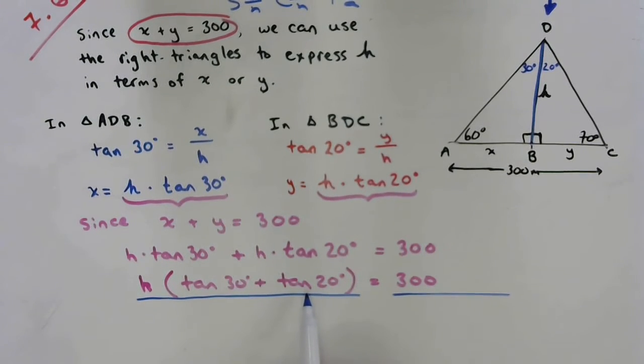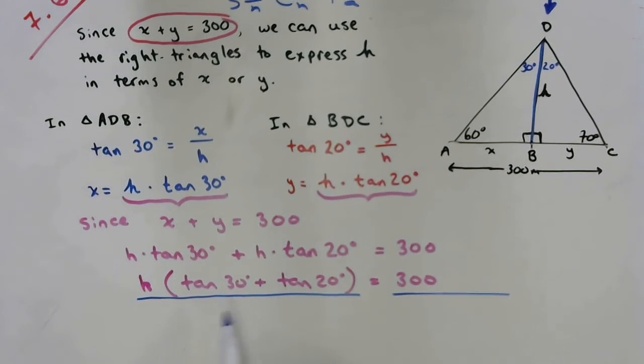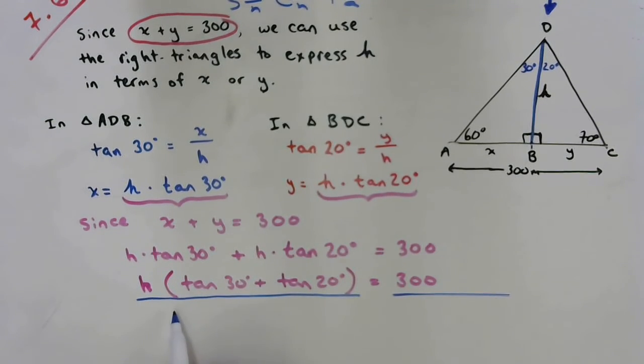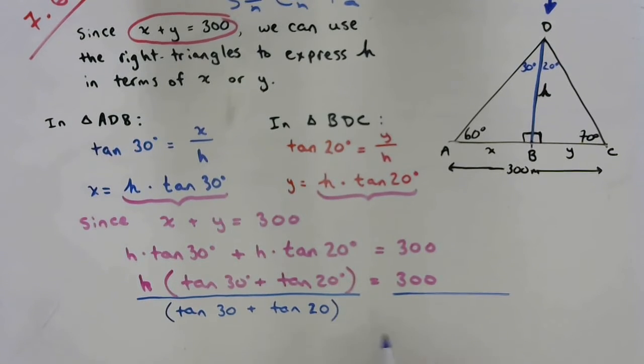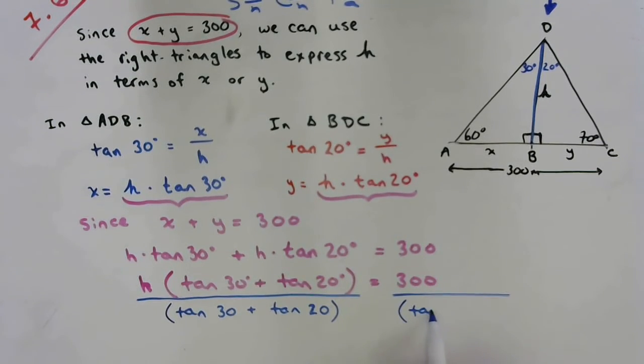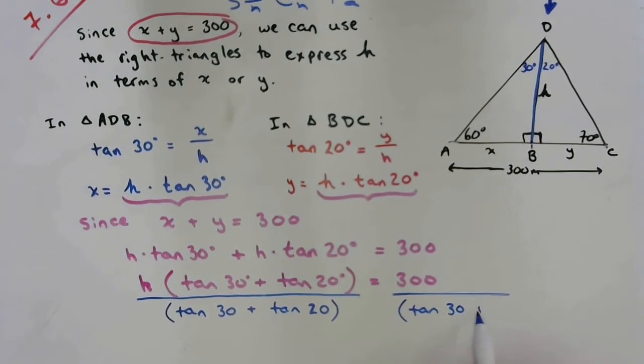Tangent of 20 is just a number with a bunch of decimals. So I can just add them up and then divide by that. In order to keep it exact, I'm going to make sure that I actually just use these expressions without using the approximation that my calculator gives me. But I'm going to divide both sides by the tangent of 30 plus the tangent of 20.